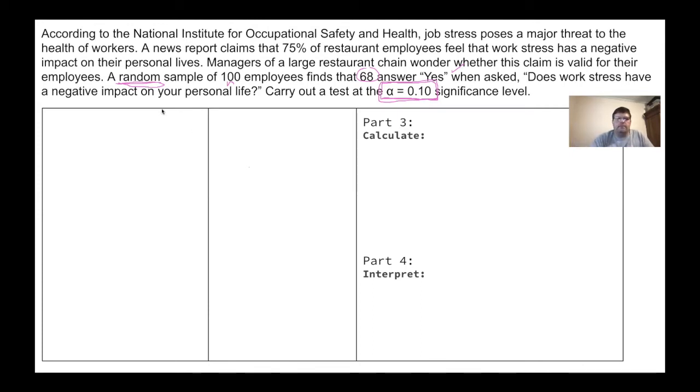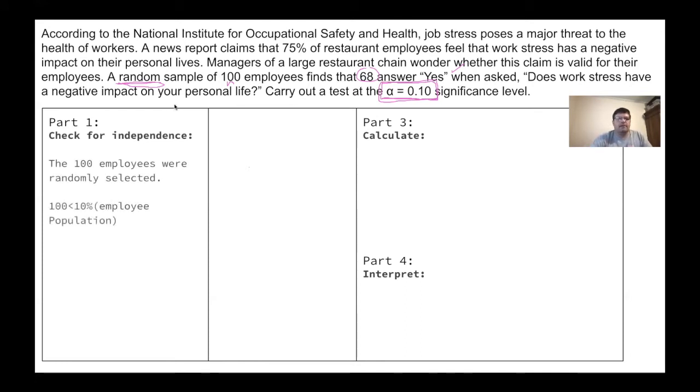okay? They may not always be able to, but anyway, so independence, I want to check, were they randomly selected? Yes, the problem said that. And is that less than the employee population? It doesn't say that they have more than 1,000 employees, but we're going to put it down and say it's less than 10% of the employee population.